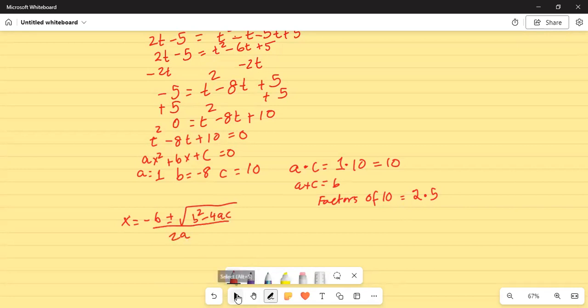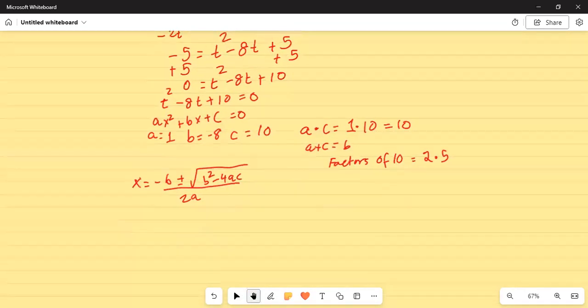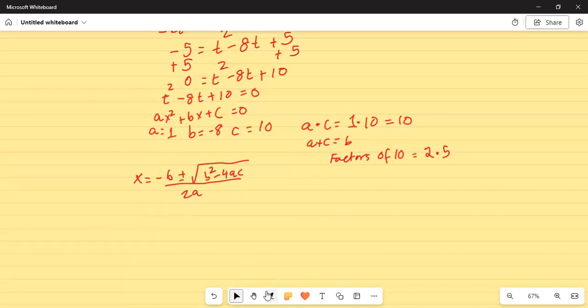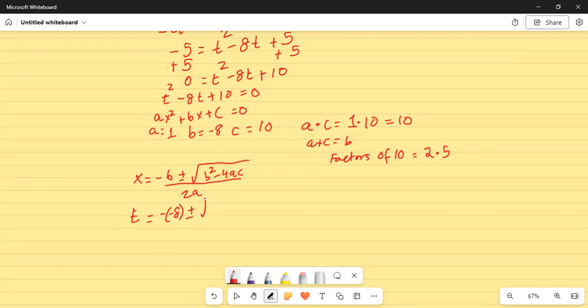Okay, so let me create some more space. I'm going to solve for t. My t is equal to minus b. Remember, my b is minus 8, so it's minus minus 8, plus or minus the square root of minus 8 squared minus 4ac.